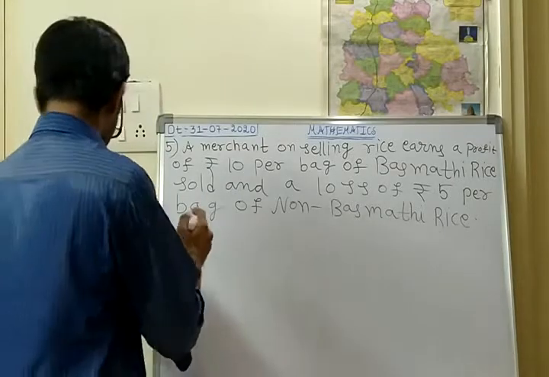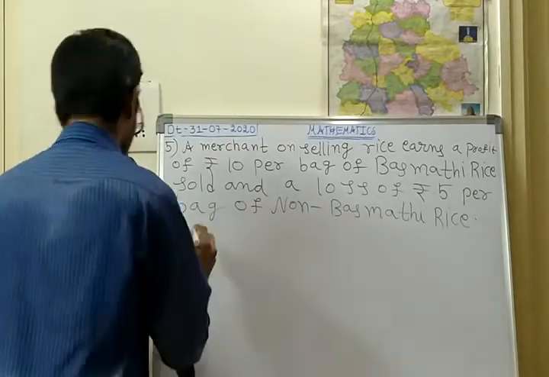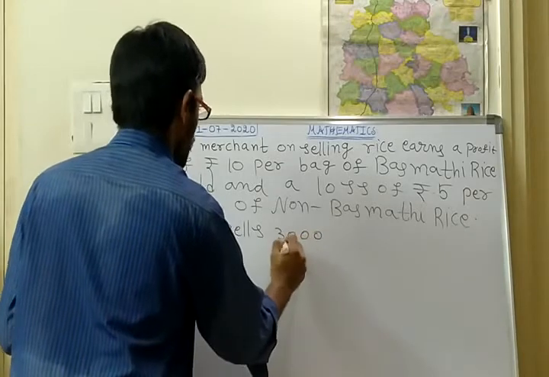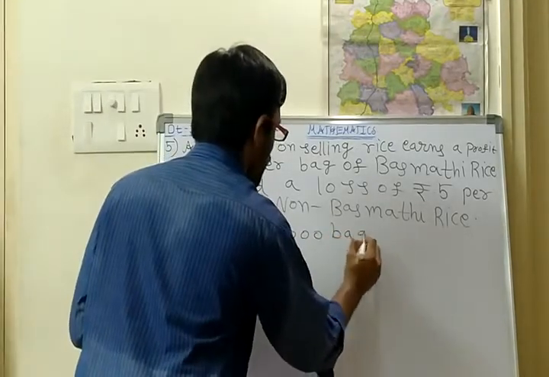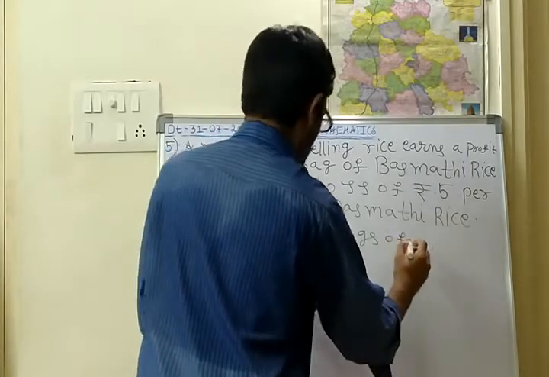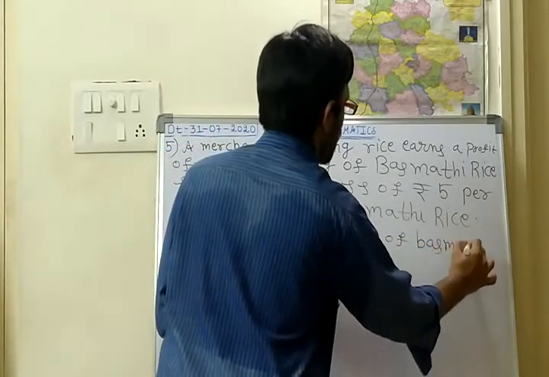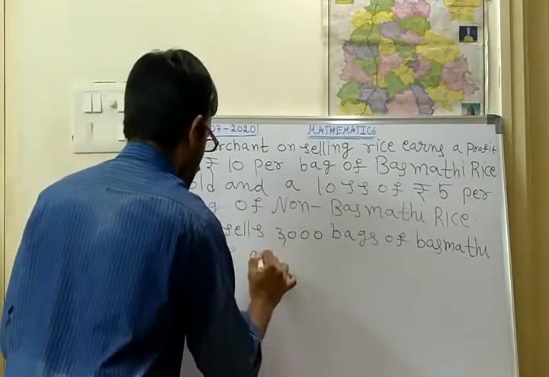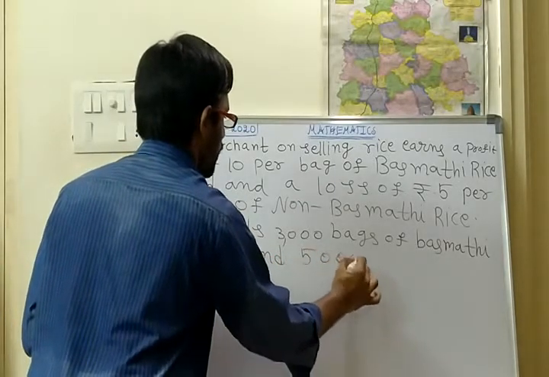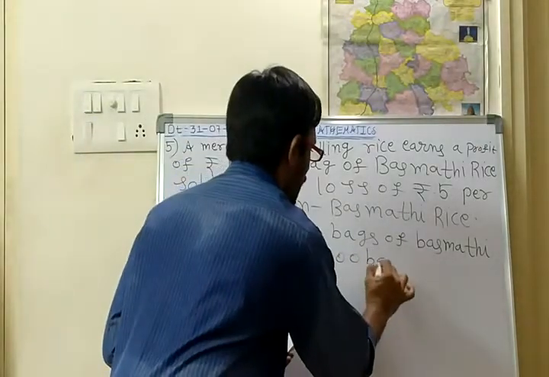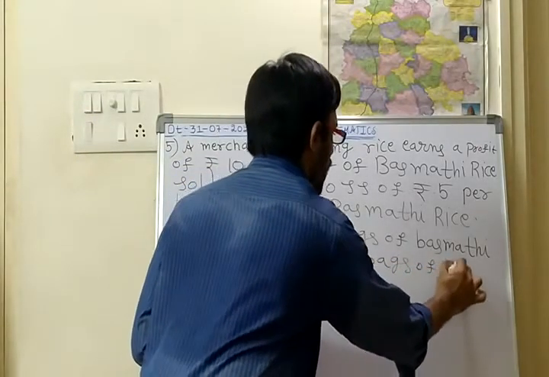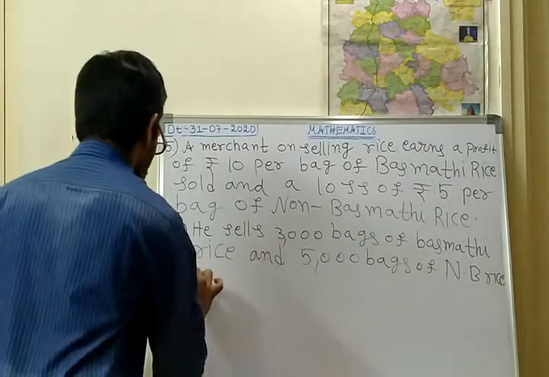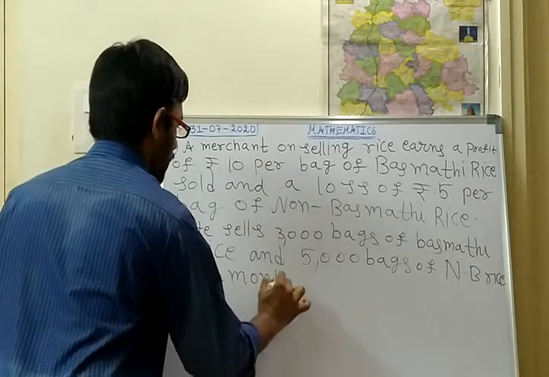Okay, now in this first one, he sells 3000 bags of basmati rice and 5000 bags of non-basmati rice in a month.